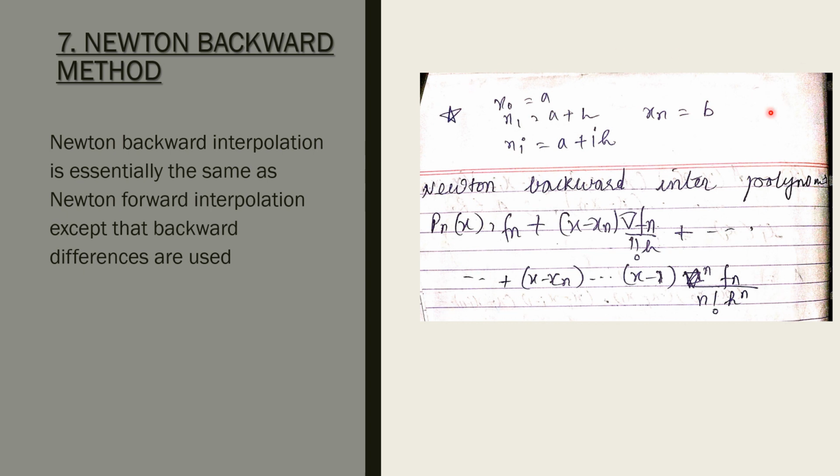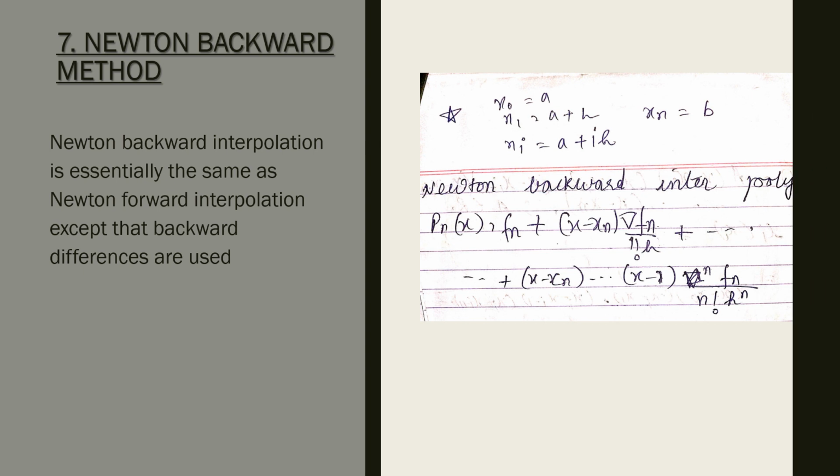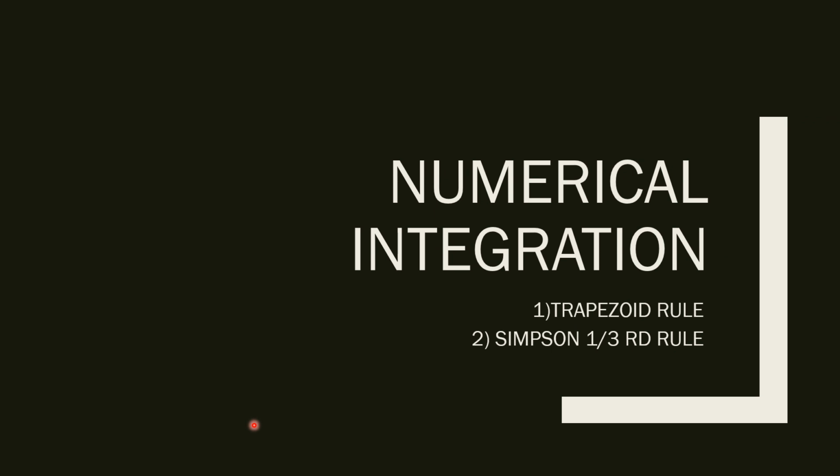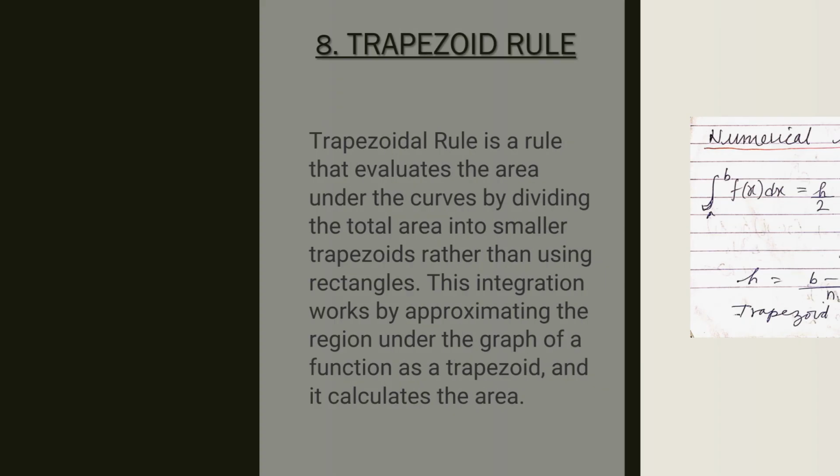So far so good, it is a basic method and it's quite easy. Just the table needs to be drawn properly, and then using the values you can put it in and a polynomial will be approximated. Now let's discuss some numerical integration rules like the trapezoid rule and Simpson's 1/3 rule.